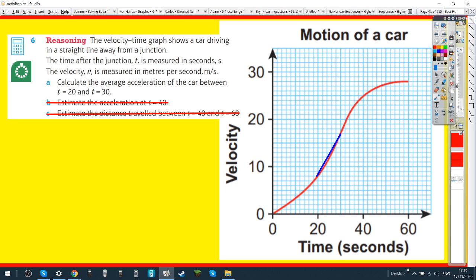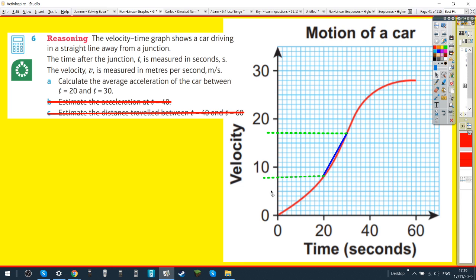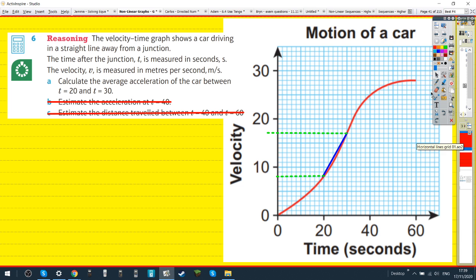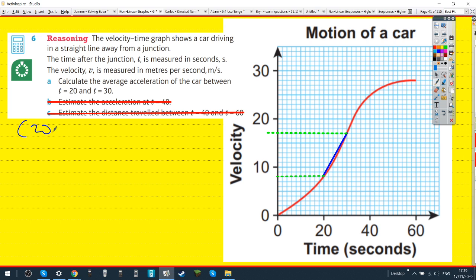Okay, what does that look like? So first point is 20 and then 8. Yep. And then 30 and 18.